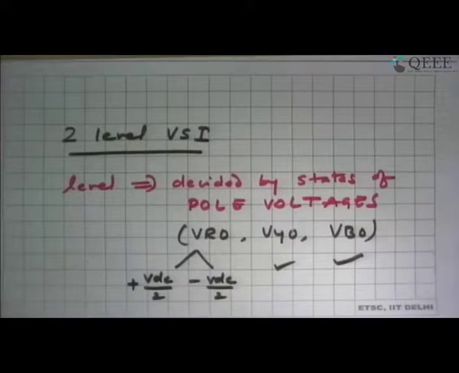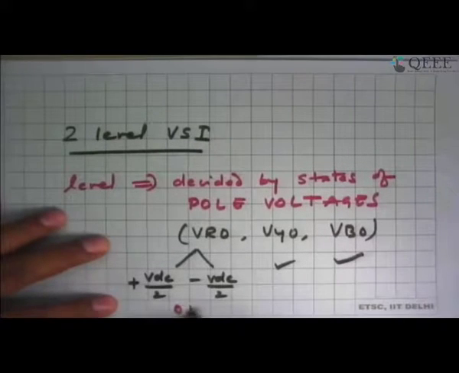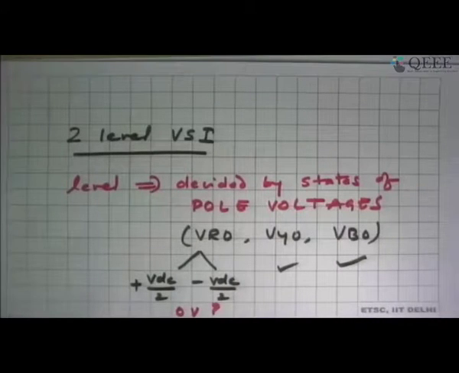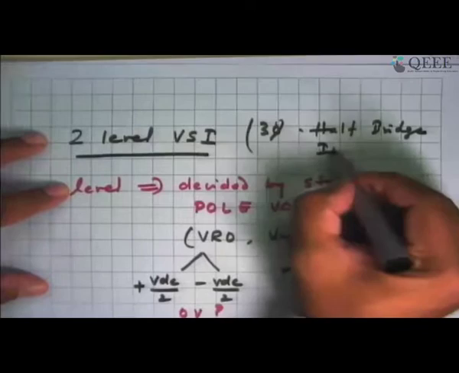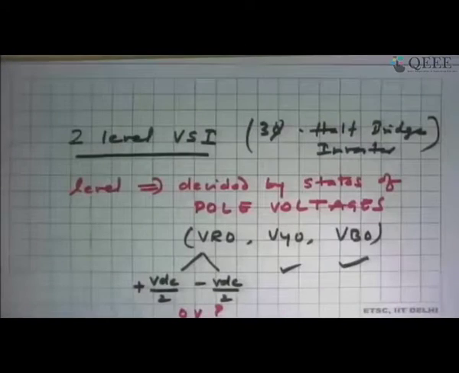Somebody can always ask, can we have a zero state? But the topology we are using, the three-phase half bridge, allows only two levels of pole voltages for all the three phases. Let's say we take one of the phases.